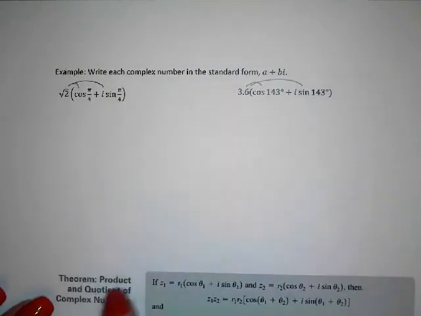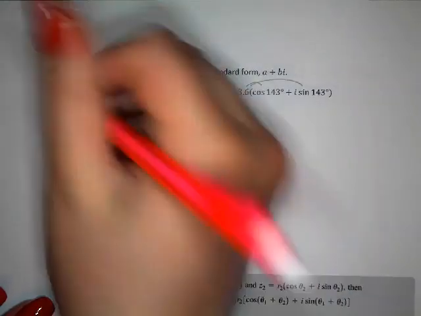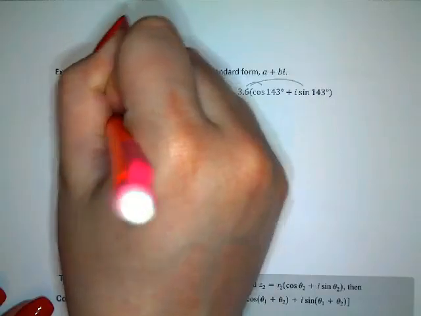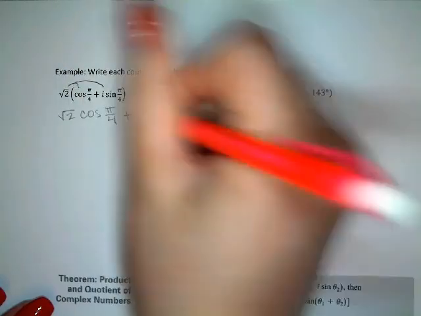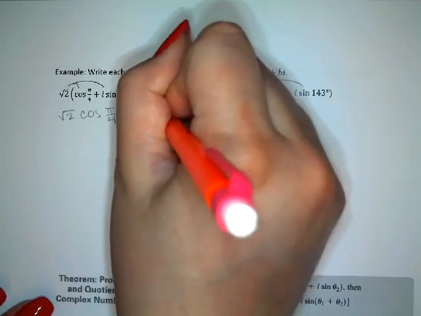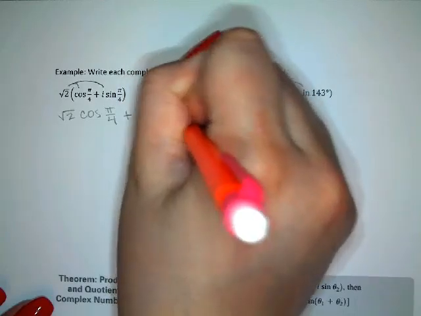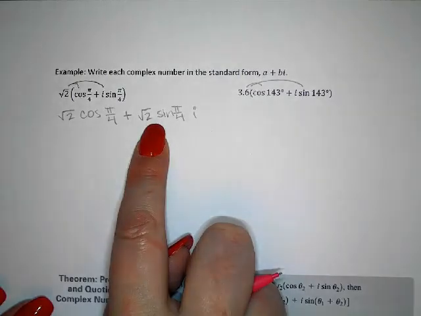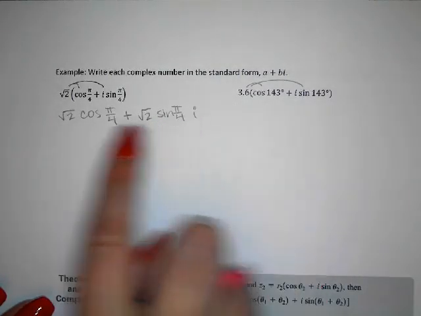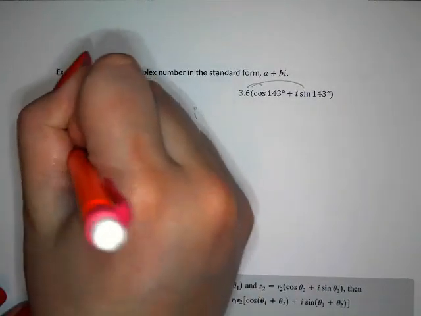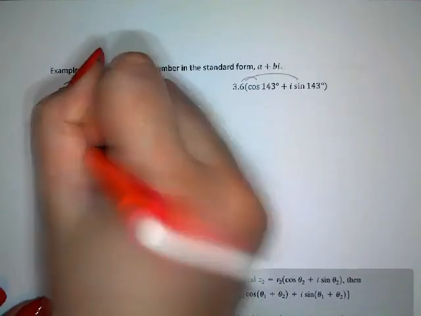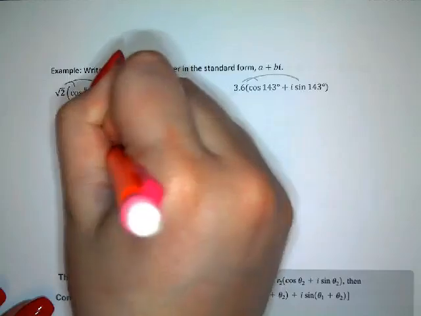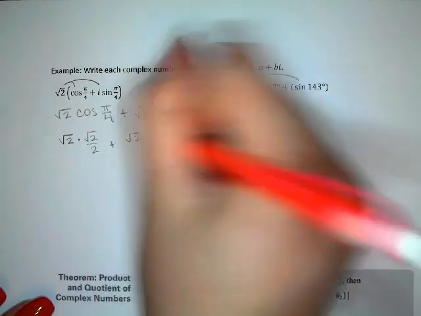I'm going to have a square root of 2 cos pi fourths, that's the a, the real number, plus root 2 times sine pi fourths, and I'm just going to stick the i on the end because this is all going to end up being the coefficient for the i. So I'll go ahead and do that multiplication. Root 2, cos of pi fourths is root 2 over 2, and then we have root 2 times sine of pi fourths, which is also root 2 over 2, and then the i is going to be on the end.